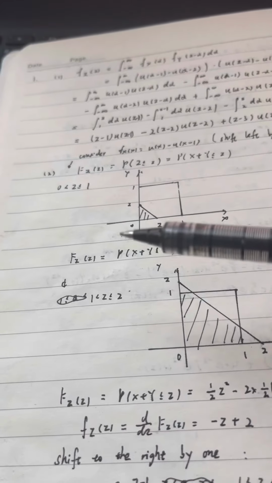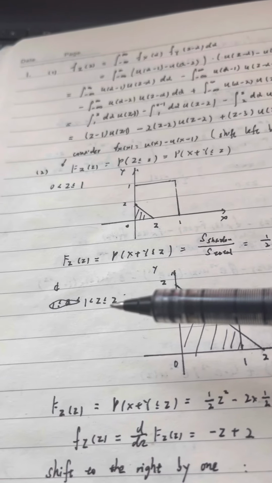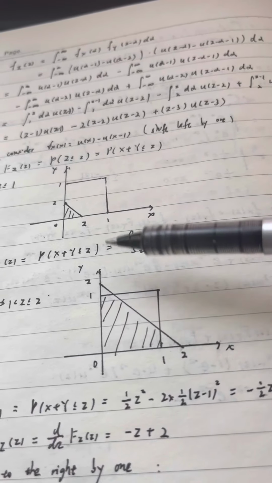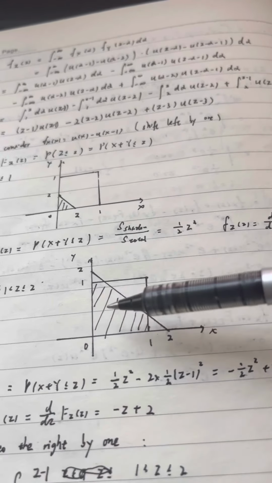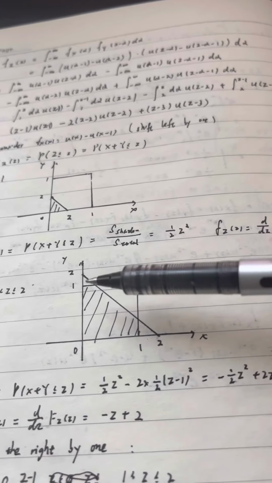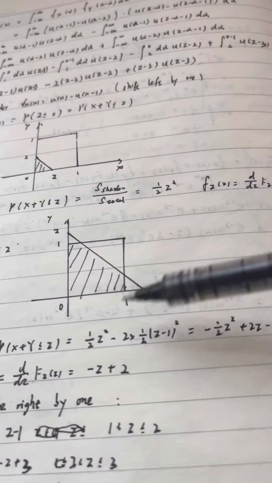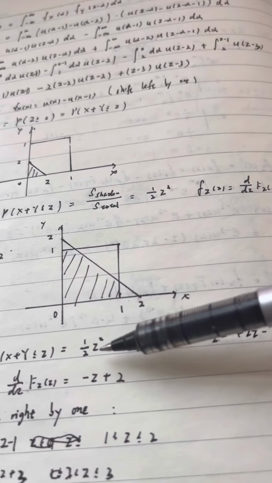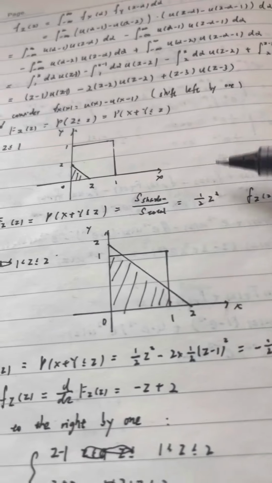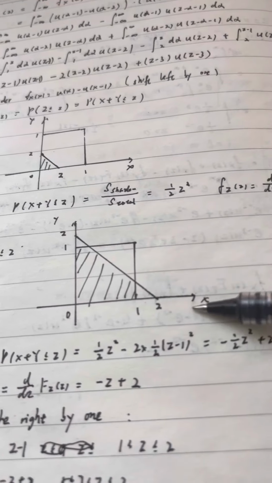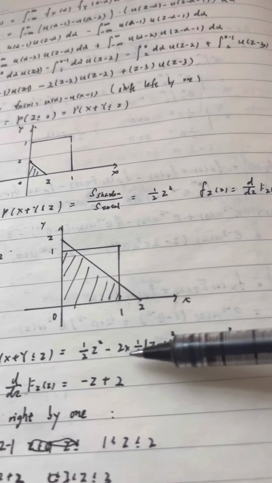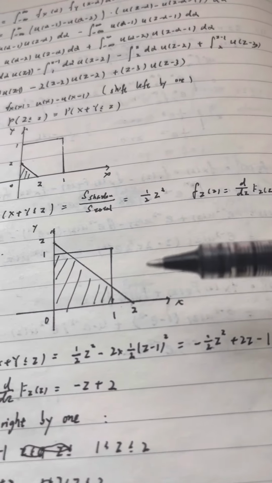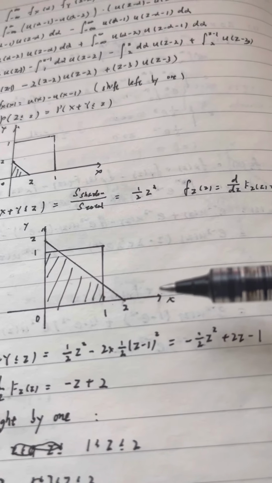And for the second case, when z is larger than 1 and smaller than or equal to 2, here we have this kind of figure, z is larger than 1, so it's over it. And we still calculate the shadow area divided by the total area. The total area of this rectangle is 1/2 times z squared, and there are two small squares, here and here, so we subtract 2 times 1/2 times (z minus 1) squared.